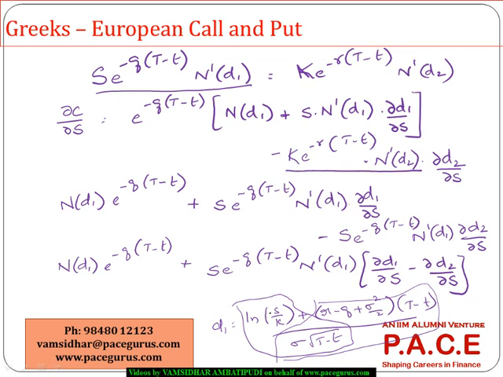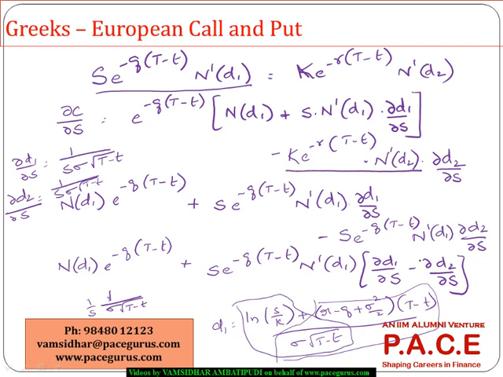So this also I'll write as log S minus log K. Even the log K part does not contain any S. So the derivative comes out as 1 by sigma root (T minus t), and the log S derivative is 1 by S. So whether I go for dou d1 by dou S, it comes out as 1 by S sigma root (T minus t), as well as dou d2 by dou S is also 1 by S sigma root (T minus t).